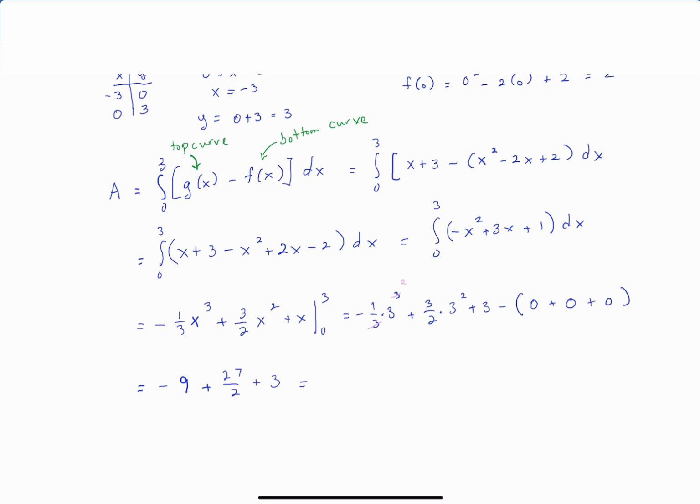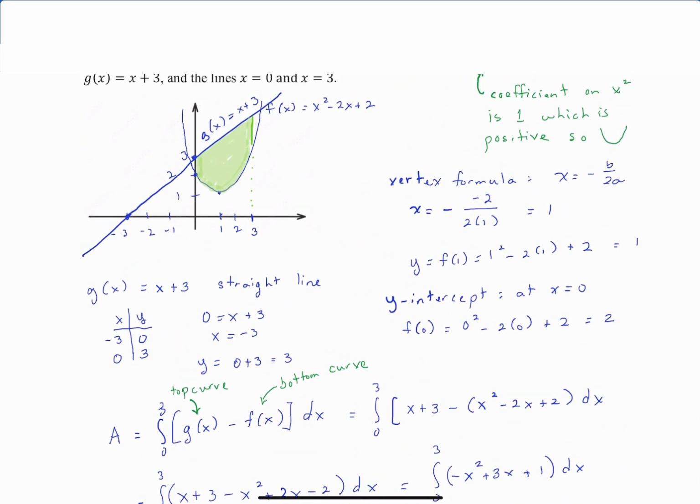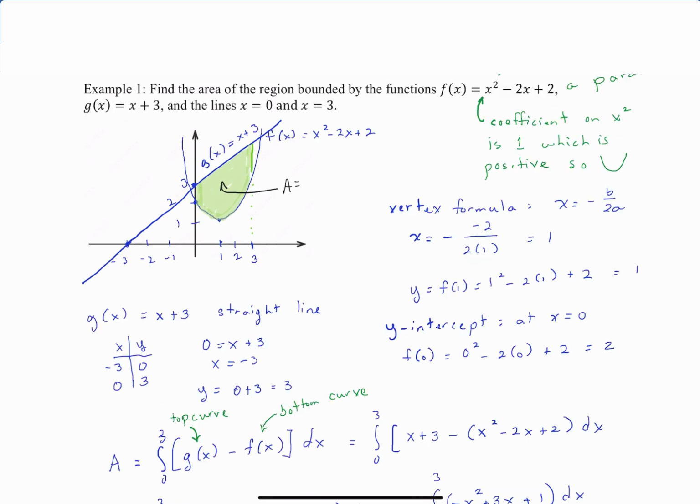Combining the minus 9 and the 3, we have minus 6, and I'm going to need a common denominator because of the fraction, so let's multiply that minus 6 by 2 over 2. So we have minus 12/2 plus 27/2, which is 15/2. So what we just determined is that the area of our green shaded region is 15/2.